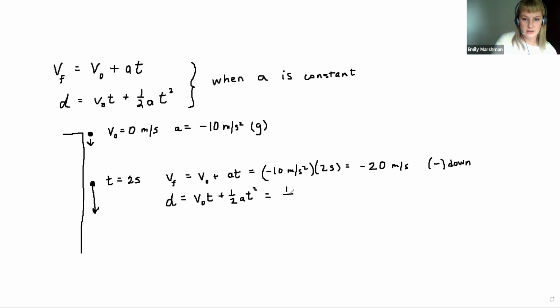Then I have 1/2 times negative 10 meters per second squared is the acceleration, and the time is 2 seconds. So this gives me negative 10 meters. Again, the negative sign here just indicates that the object has moved down a distance of 10 meters.